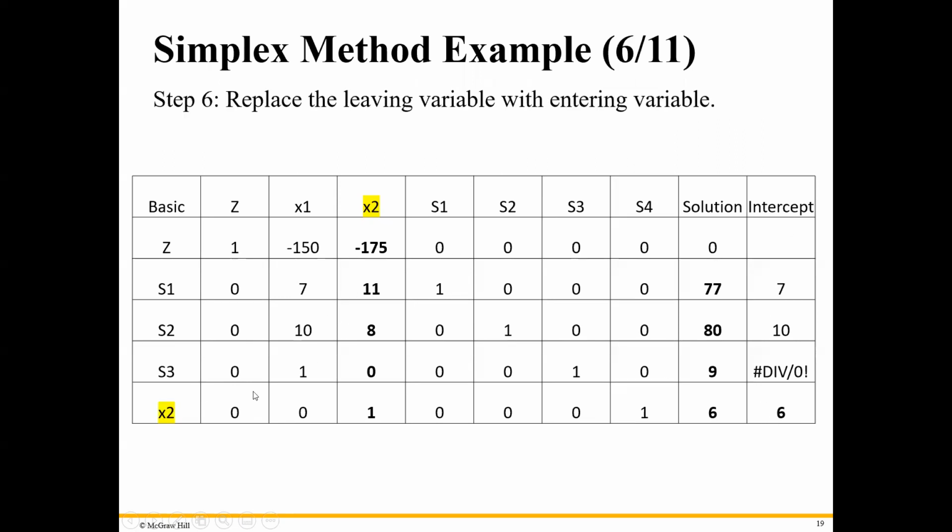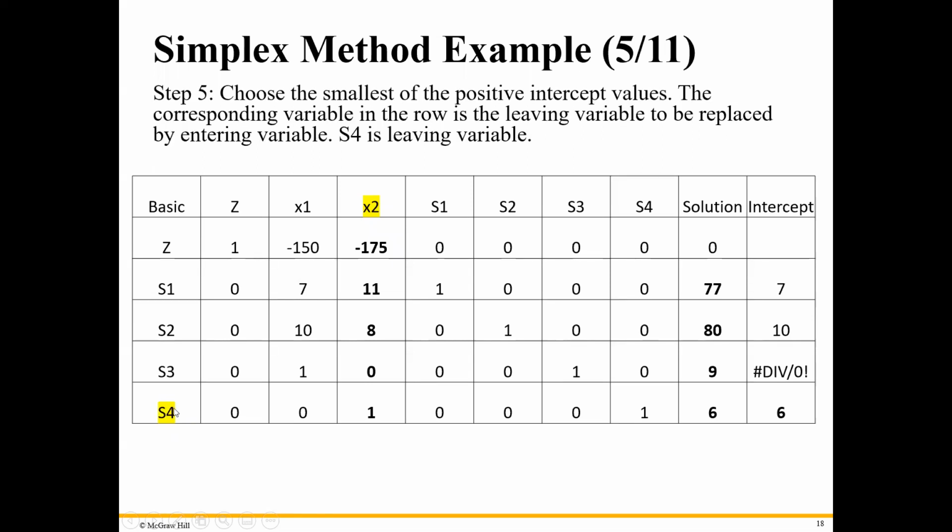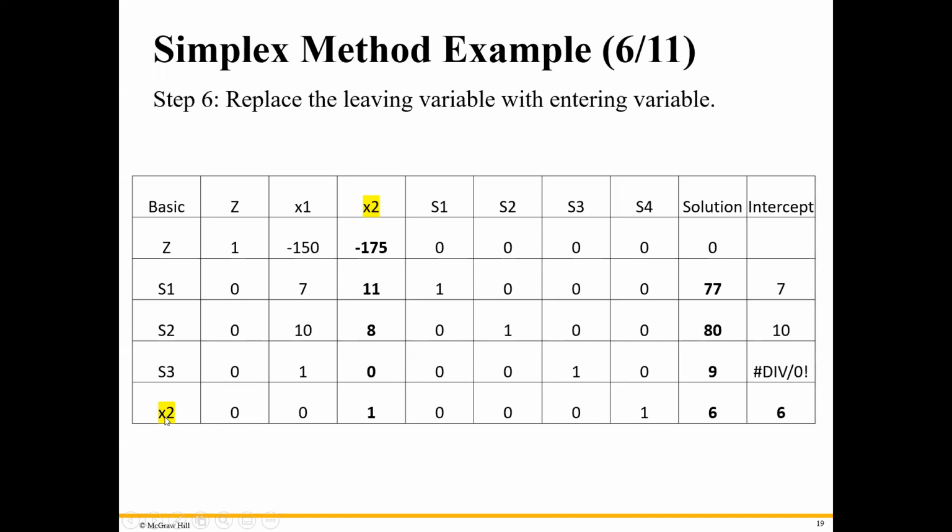So in the next step, I am showing it not as S4, but as X2. Earlier we had S1, S2, S3, and S4, but S4 has been removed from here and replaced by X2. This is the only thing we have done here.